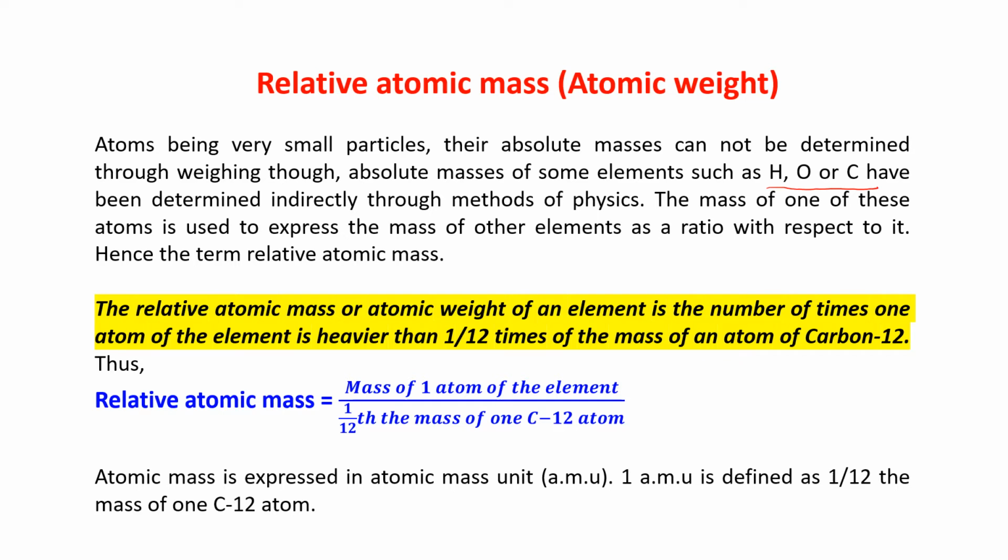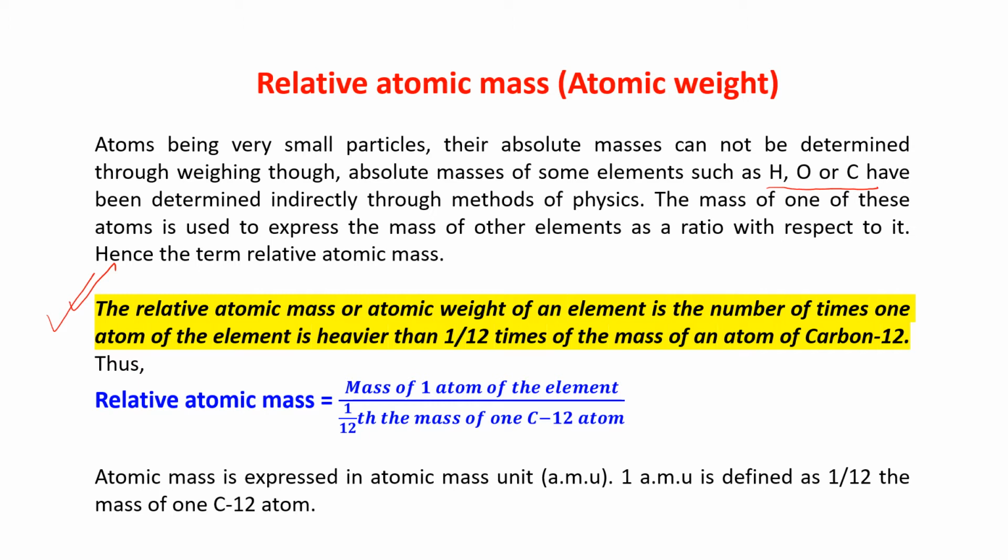And hence the term relative atomic mass is coming. The relative atomic mass means it is a relative term. That means we are comparing the mass of an element with a known mass of a particular element. So the definition is given here.